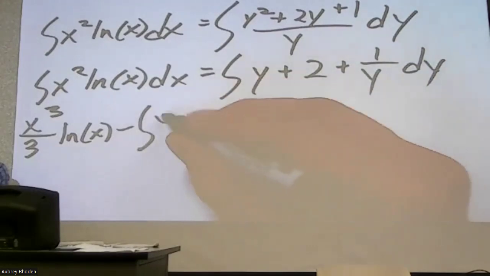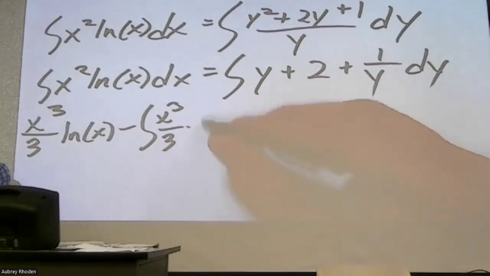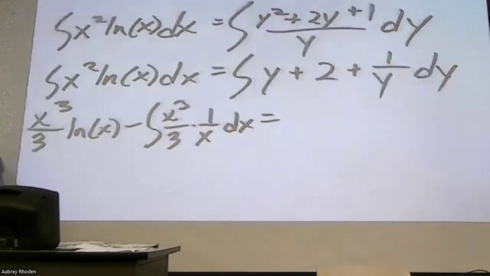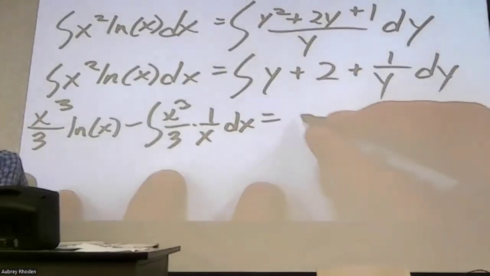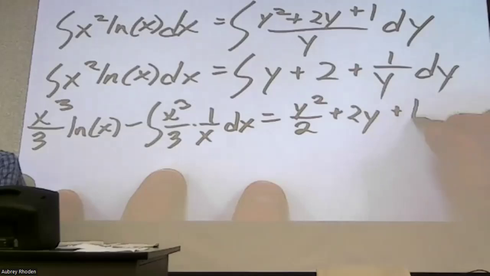Okay, this becomes x cubed divided by 3, when the derivative of the natural log of x is 1 divided by x. This is dx. Okay. And I can go ahead and integrate the other side. So this turns into y squared divided by 2 plus 2y plus the natural log of y plus c.